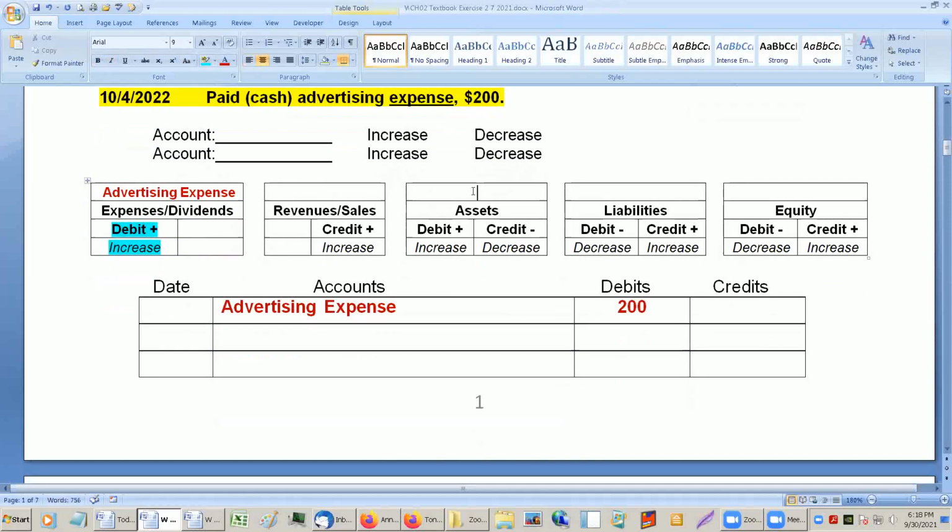I put it in, but oh wait, I didn't put the accounts up here. But truthfully, you could skip this part.